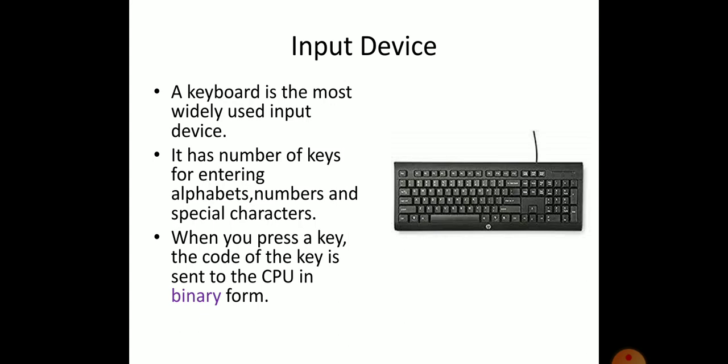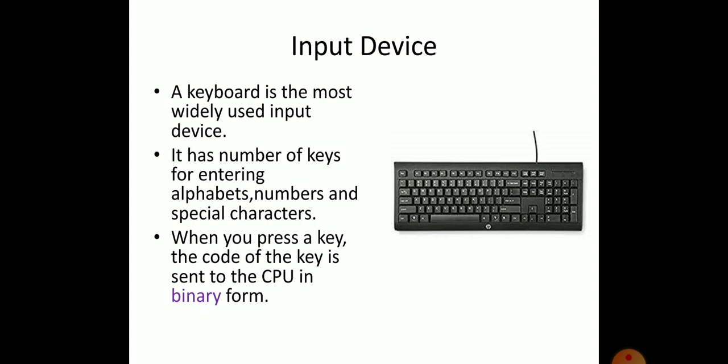When you press a key, the code of that key is sent to the CPU in a binary form. Suppose you want to write your name, so you will press any alphabet, right? If you press the alphabet A, then what happens? It gets converted into the binary form, that is zeros and ones, and it goes to the CPU, and your name displays on the computer screen.